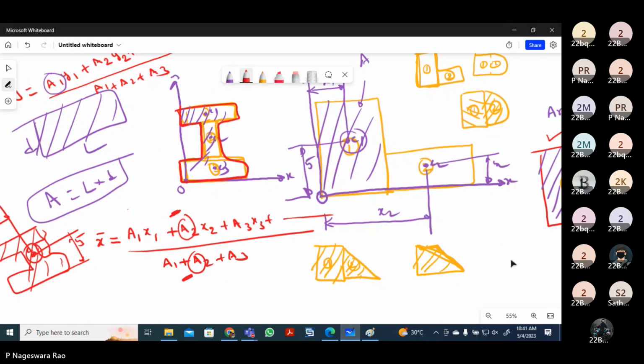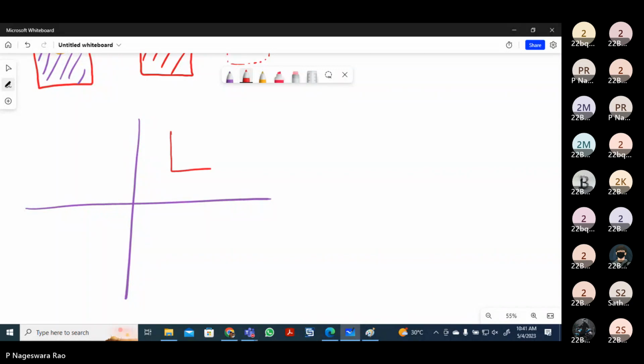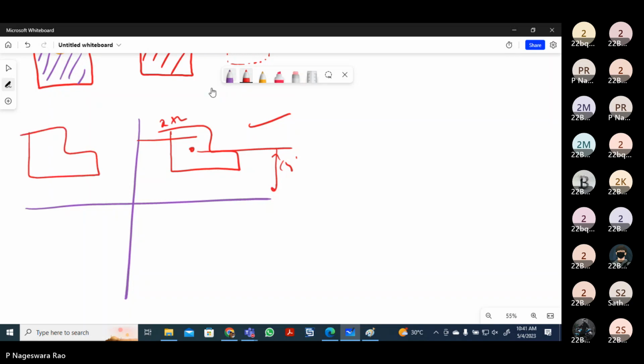Similarly, the x coordinates and y coordinates also will have signs. For example, let us say we have four quadrants. If any shape is in the first quadrant, then its x coordinate is positive, and the y coordinate is also positive, as it is in the first quadrant. Suppose the same shape is in the second quadrant, then its x coordinate will be negative.